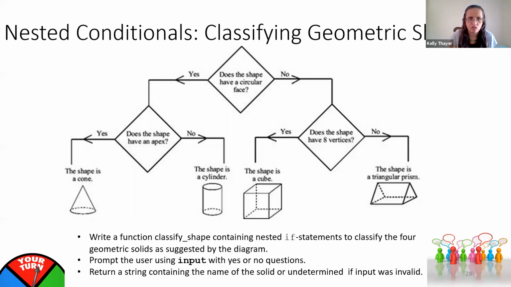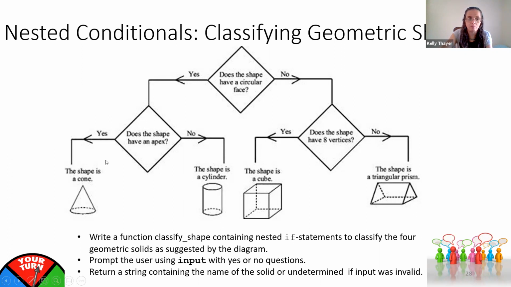If the answer is no, it's definitely not the cone or the cylinder, but we don't know which one it is, right? And so this is why we have these branch points here, and we could have some if blocks to sort the next level. If we say yes, it has a circular face, we need to ask another set of questions to differentiate between the cone and the cylinder.